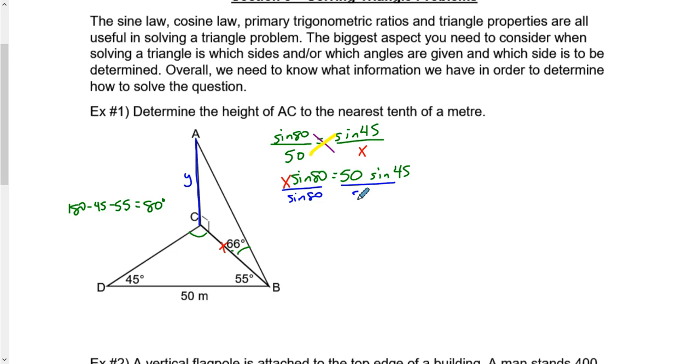And divide both sides by the sine of 80. That'll help us to calculate the one side in that triangle. 50 multiplied by the sine of 45, dividing by the sine of 80.